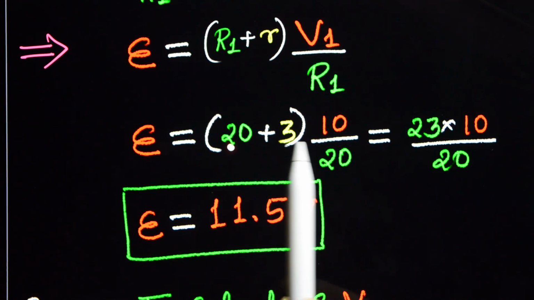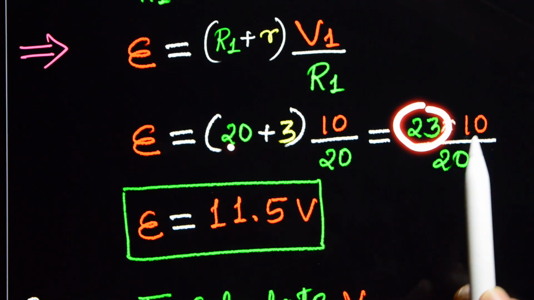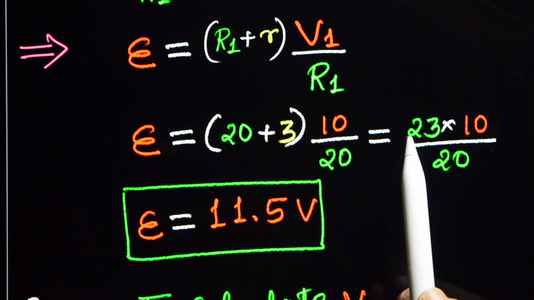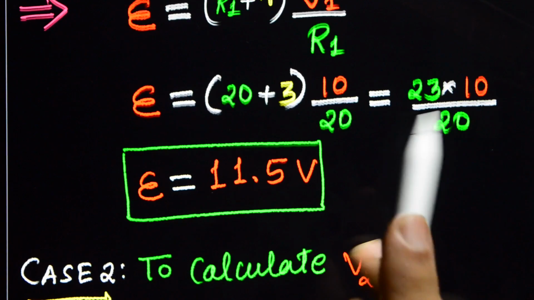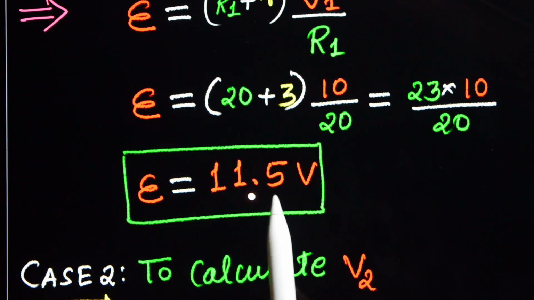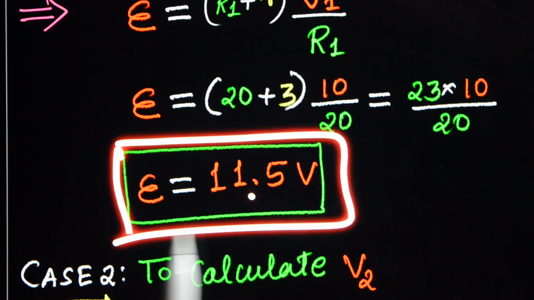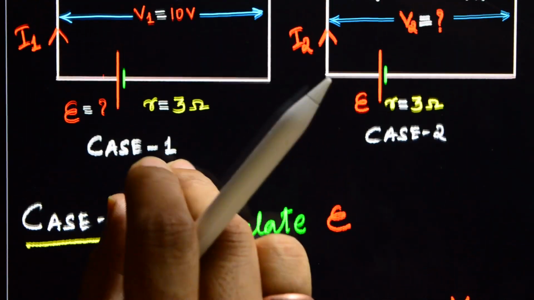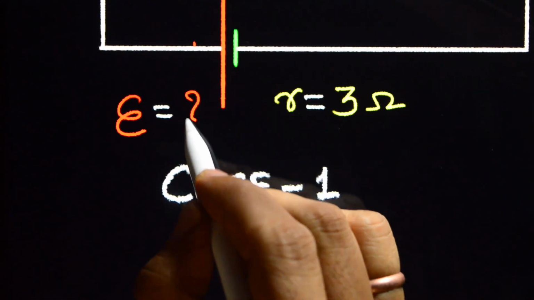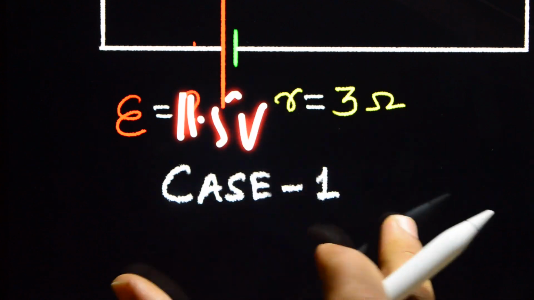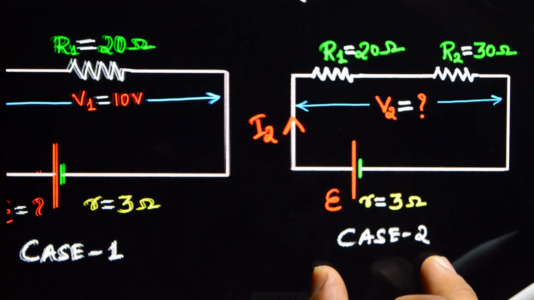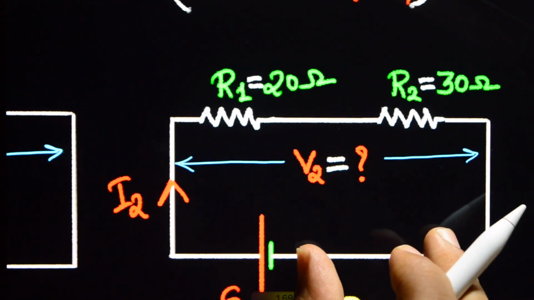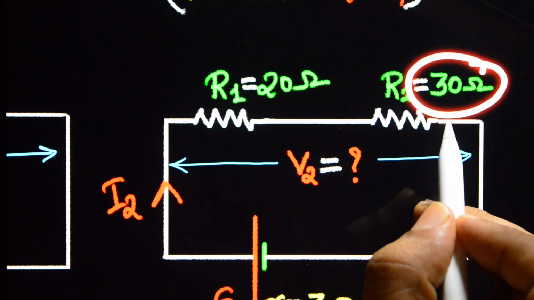It is 20 plus 3, 23, into 10 divided by 20. Here this 0 gets cancelled. 23 divided by 2 means the EMF of the cell is 11.5 volt.